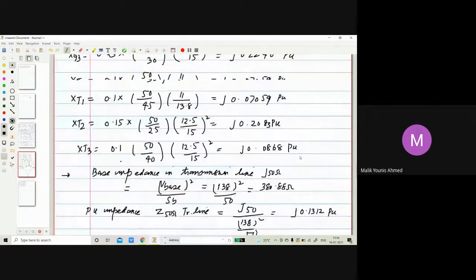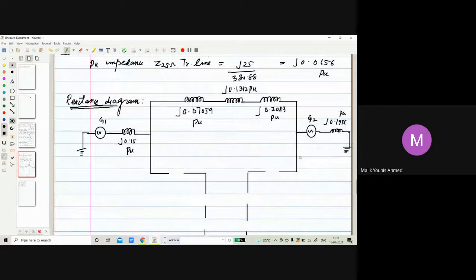You have to write the reactances of all these accordingly. Here it will be the reactance of transformer T2, 2.83 per unit. Here it will be the reactance of the J25 transmission line, that is J0.0656 per unit. We have already calculated it.